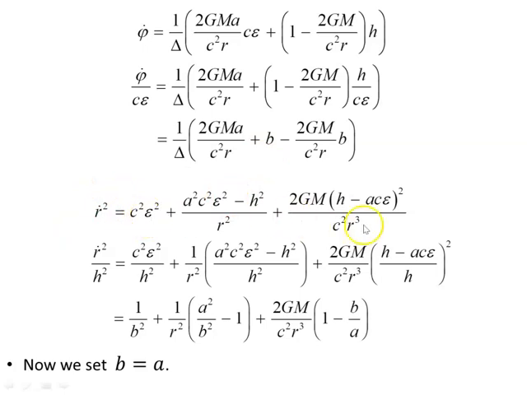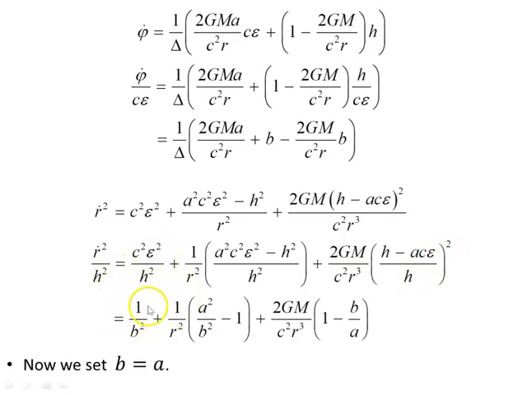r dot squared, remember this, we're going to now divide through by h squared. I did this in the previous video, but I'll just repeat it here. Dividing both sides by h squared, so divide through there. Okay, I took out the 1 over r squared over here and then divided through by h squared. Same over here, factor 2GM over c squared r cubed out the front. And we've got h minus a c epsilon all over h, all squared, because we're dividing through by h squared.